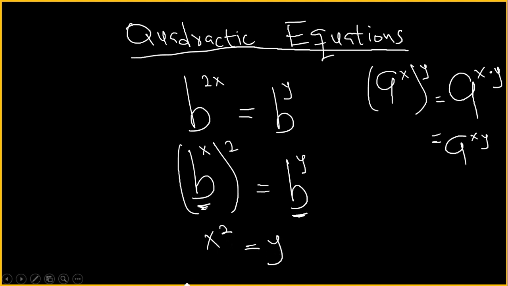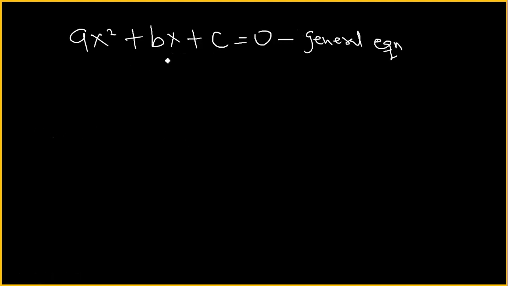Quadratic equations are of the form ax squared plus bx plus c equals 0. This is the general quadratic equation. So at the end, after coming out with a common base and equating the powers, we should get something that looks like this kind of equation.